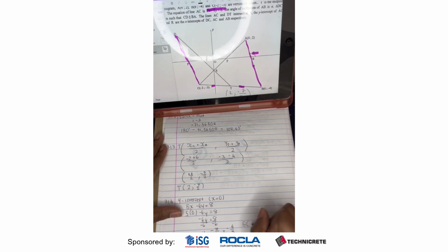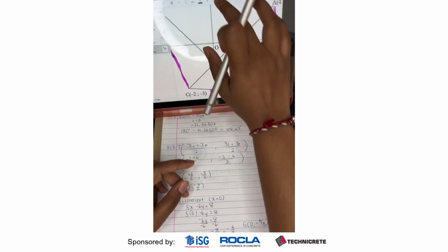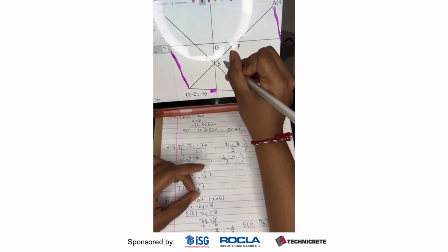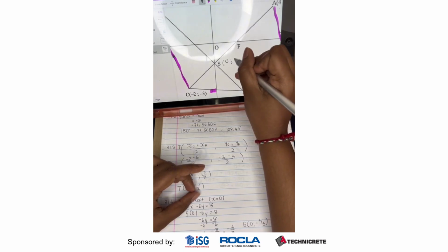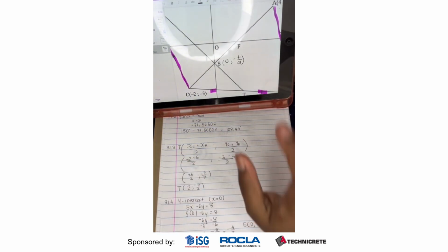So my coordinates of S is going to be (0, negative 4 over 3). Let's also write that in. So it's (0, negative 4 over 3). Okay.